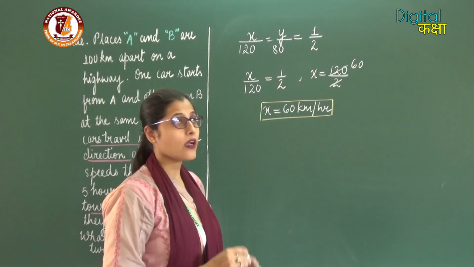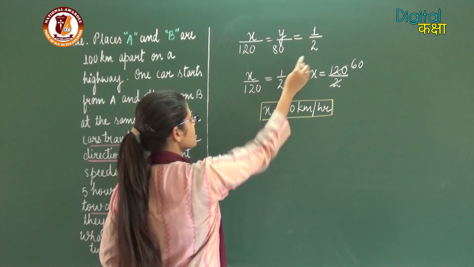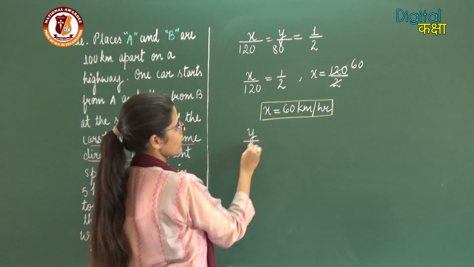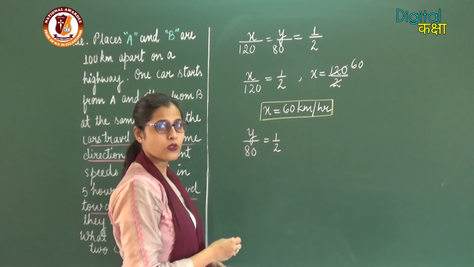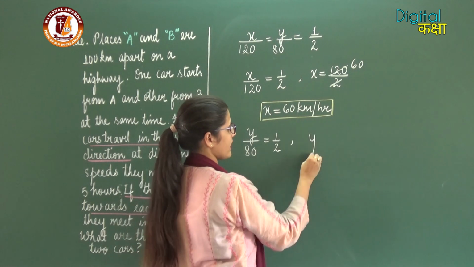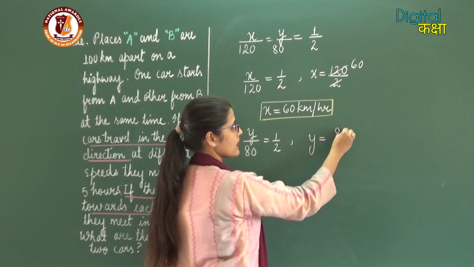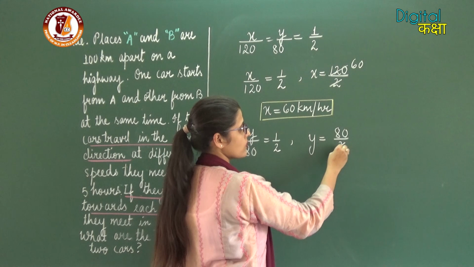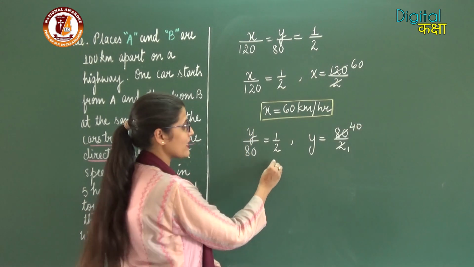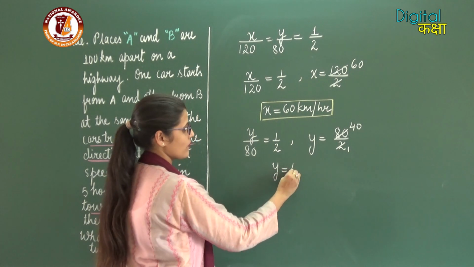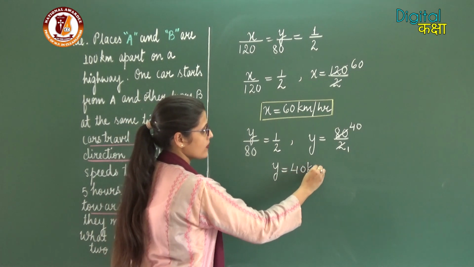Now we will be comparing the second and the third ratio, that is y upon 80 equals 1 upon 2. So the value of y will be 80 upon 2, which will be 40. So the speed of the second car will be 40 km/h.